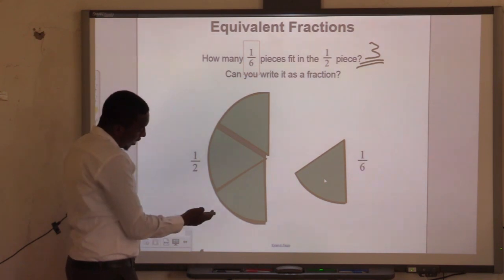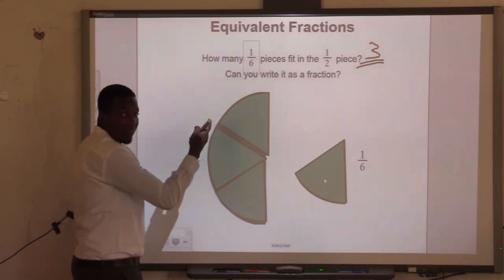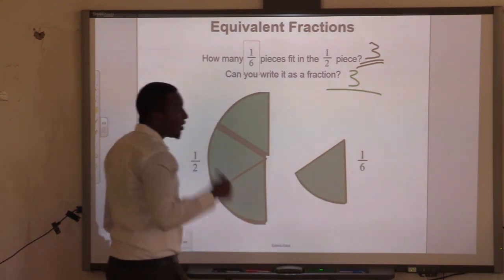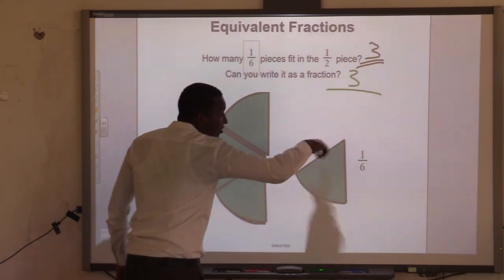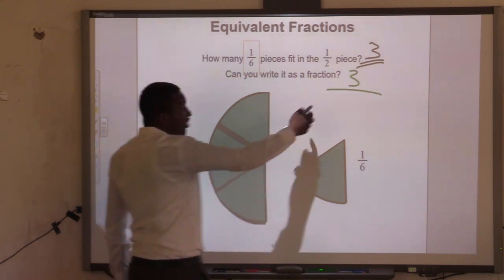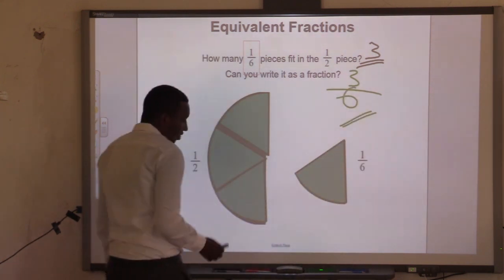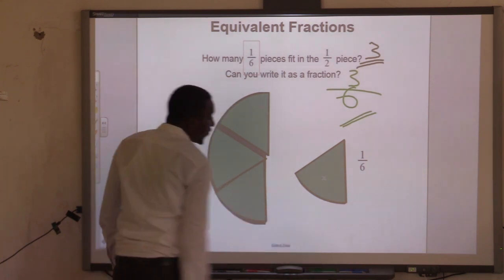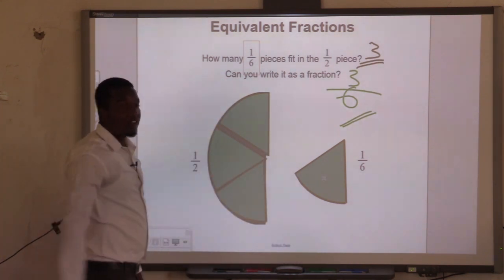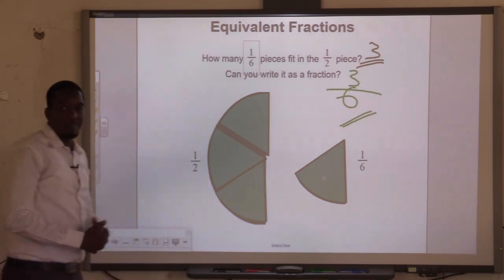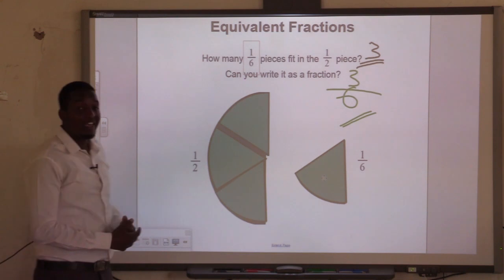We have 1, 2, 3 pieces. So we are going to have 3 all over. Remembering that the circle was divided into 6 equal parts, our denominator is going to be 6. So we have 3/6, the 6 pieces that can be put together in order to form the half piece that we are given. I hope that is clear as well.